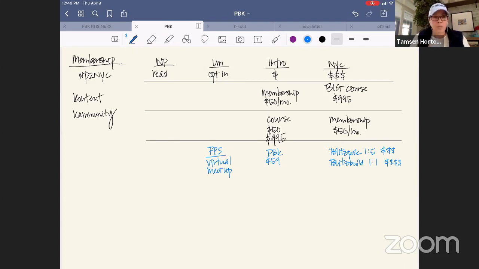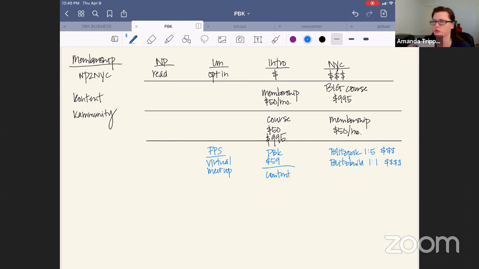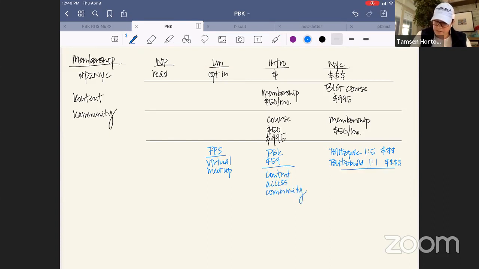I know exactly where it goes. I know what content is in here. I know what access, in terms of the community, is in here. I know the same thing over here. This is really access to me at a much smaller scale.